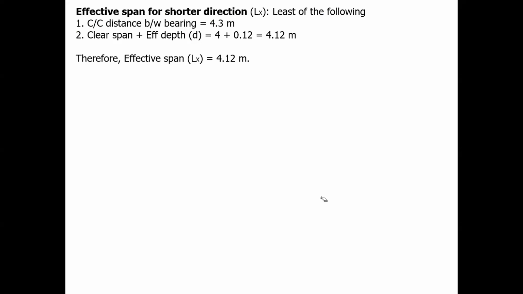As you know, the span is 4 and bearing is 300 mm, so here it is 4.3. The next one is clear span plus effective depth, so it is 4 plus 0.12, you'll get 4.12. Among these two, you have to consider the least, so the least is 4.12.